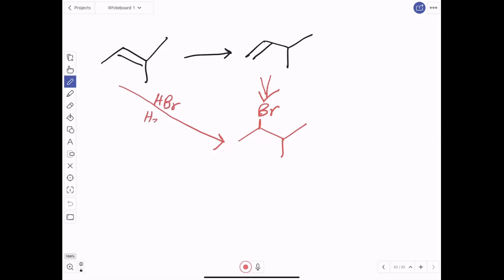That's anti-Markovnikov. Right, because look, this is A, this is B. A has no hydrogen, B has one hydrogen. And in the product, we have added hydrogen to carbon A, the one with fewer hydrogens, and bromine to B, the carbon with more hydrogens. This is anti-Markovnikov addition. And then the next step, you have to decide if you want Hofmann or Zaitsev elimination.